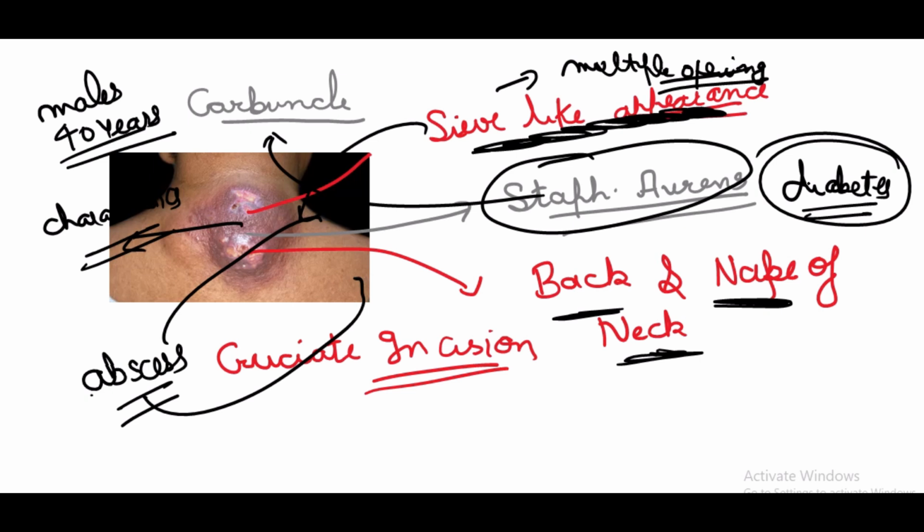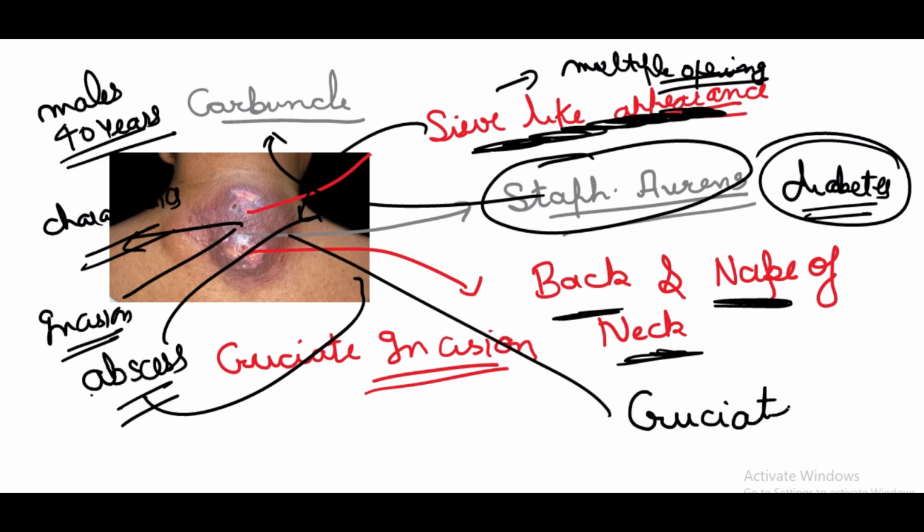Apart from that, surgical drainage can be done. Whenever there is central softening, you go for incision. A large cruciate incision is preferred, extending to the margins of the inflammatory zone.